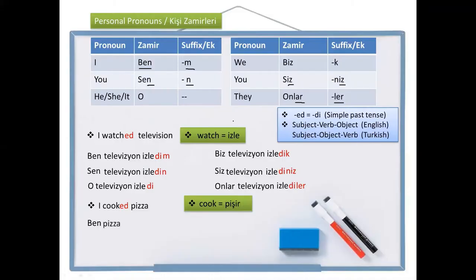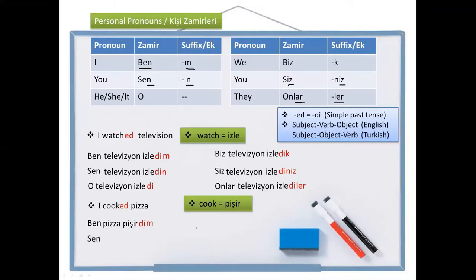Pizza in Turkish is written exactly the same, and it is pronounced exactly how you write. So it is pronounced as pizza. Ben pizza. Okay, cook, pişir. In the past, cooked, pişirdi. And as you see, the first one is ben. So ben is related to me. I need to write am here. Ben pizza pişirdim.